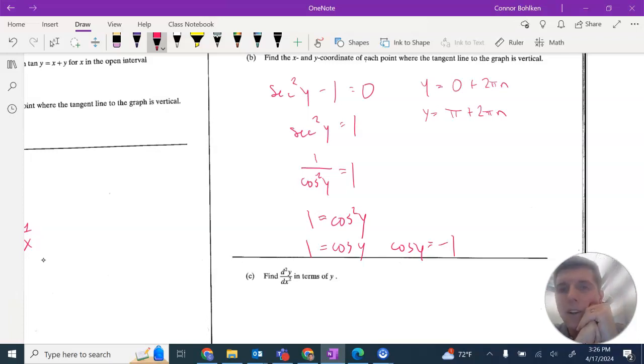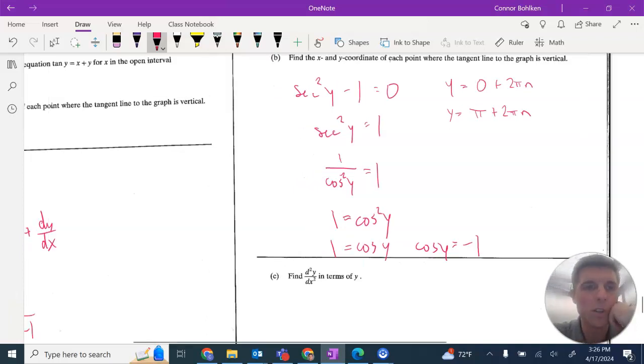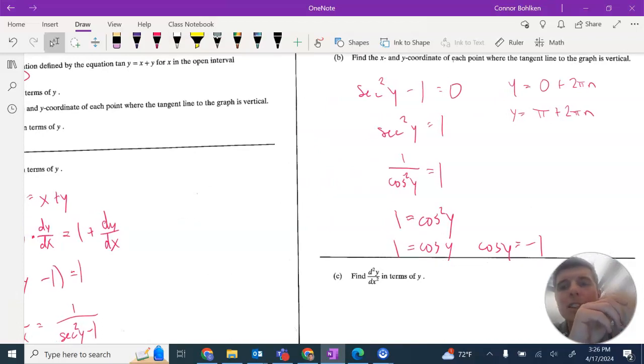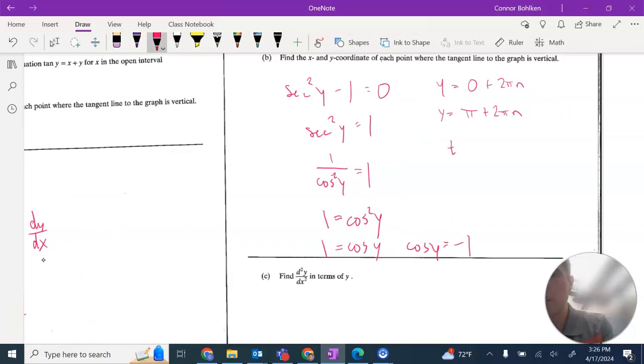Those are just the y coordinates though, so we need to find an x coordinate. Tangent of y. Tangent of 0 and pi and 2 pi is always 0. So really we're saying tangent of y equals x plus y. Any of these y's that I plug in, tangent will always be 0. Tangent is sine over cosine, and at those locations, when cosine is 1 or negative 1, my sine value is 0.